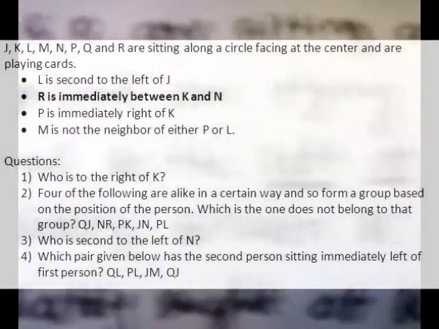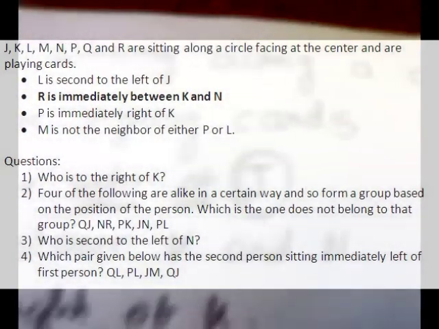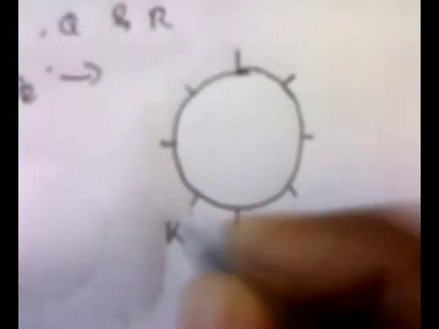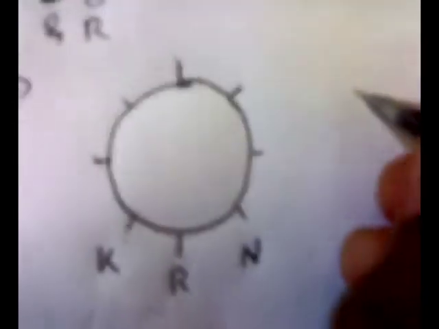Now read the second condition. It says R is immediately between K and N. So R is in between K and N. Suppose we put R here, so K and N will be here. One side would be K and one side would be N.